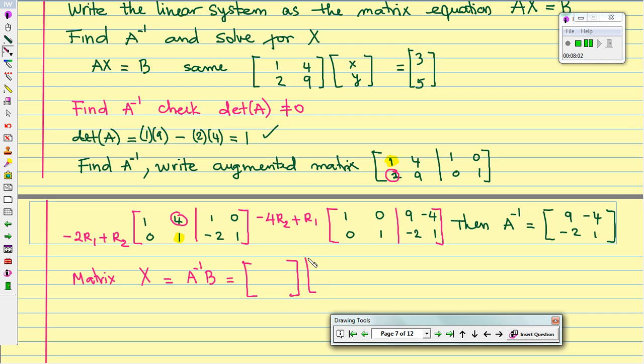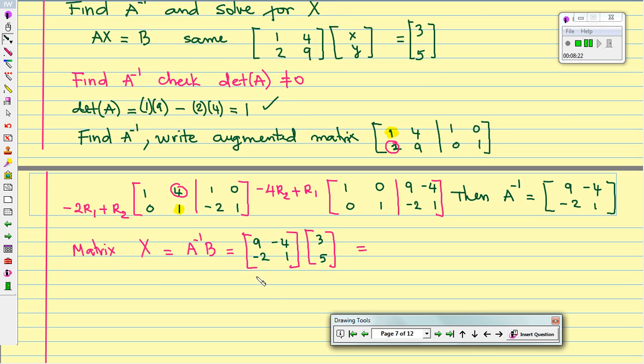Now we just have to substitute our A inverse and our B matrix. Our A inverse, we just found right here: 9, -4, -2, and 1. And our matrix B will be 3, 5.